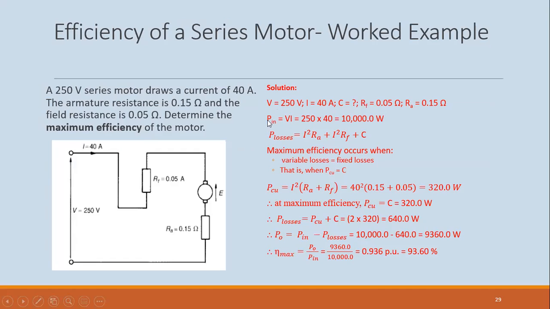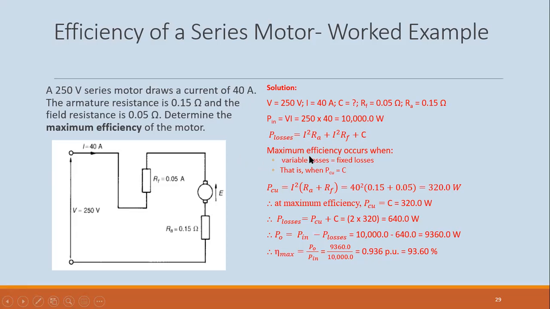Write down what we know, so we can calculate P in from the information given, V times I. So that's 10,000 watts. Losses, since it's a series machine, it's the same current through both windings. So losses are I square RA plus I square RF plus C.